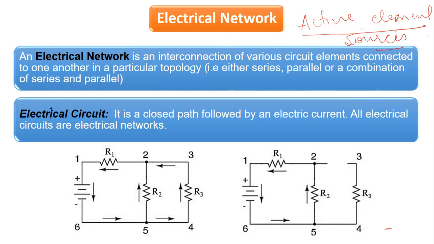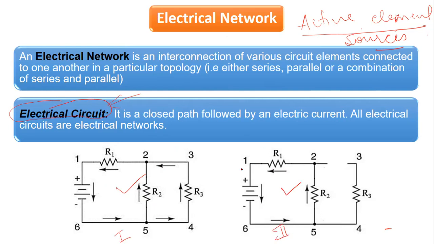Now, as you can see one term here, electrical circuit. An electrical circuit is also an electrical network, but there is a very fine difference between an electrical network and an electrical circuit. As you can see, there are two diagrams drawn, let us say diagram 1 and diagram 2.